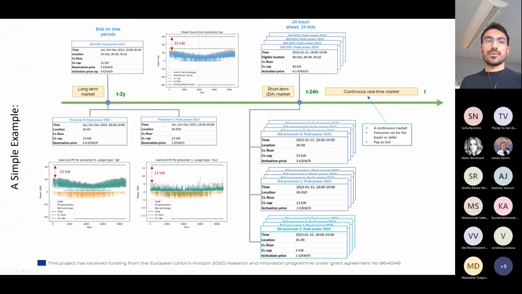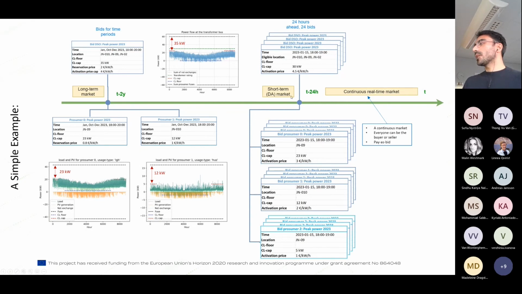The product the DSO will request is 35 kilowatts of capacity limitation, and 2 different prosumers will provide it, each of them can provide 23 and 12. So by getting cleared with 23, they have to keep their net exchange with the grid, or their net load, below this cap.